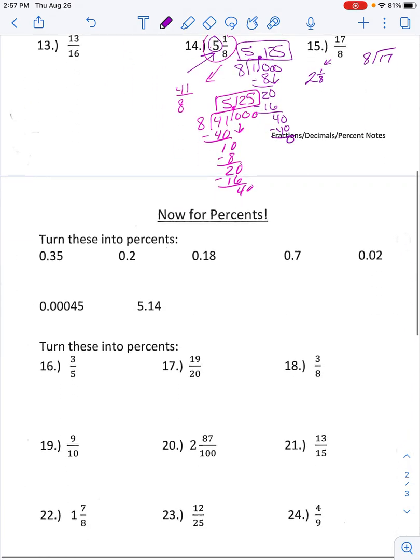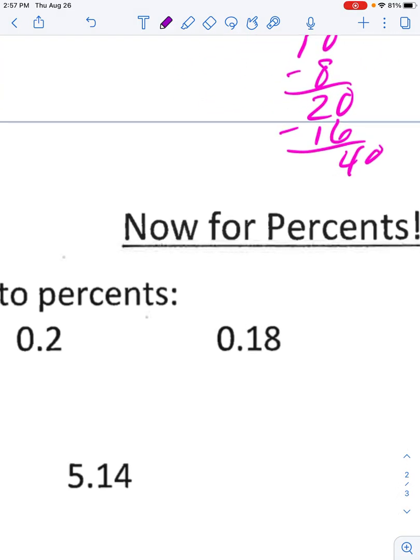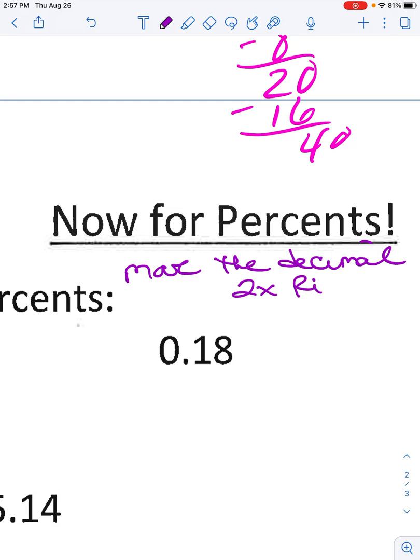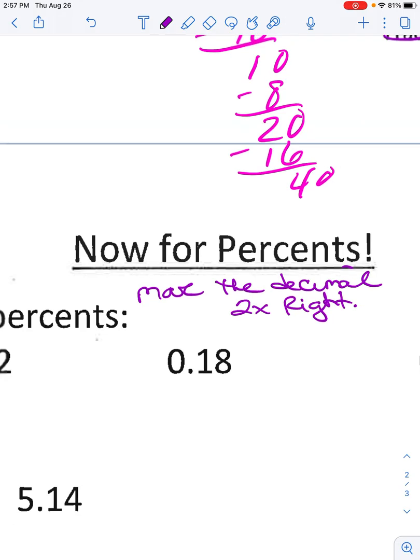Now we're going to move on to turning decimals into percentages. There is a trick to this. To turn a decimal into a percent, you're going to move the decimal 2 times to the right.